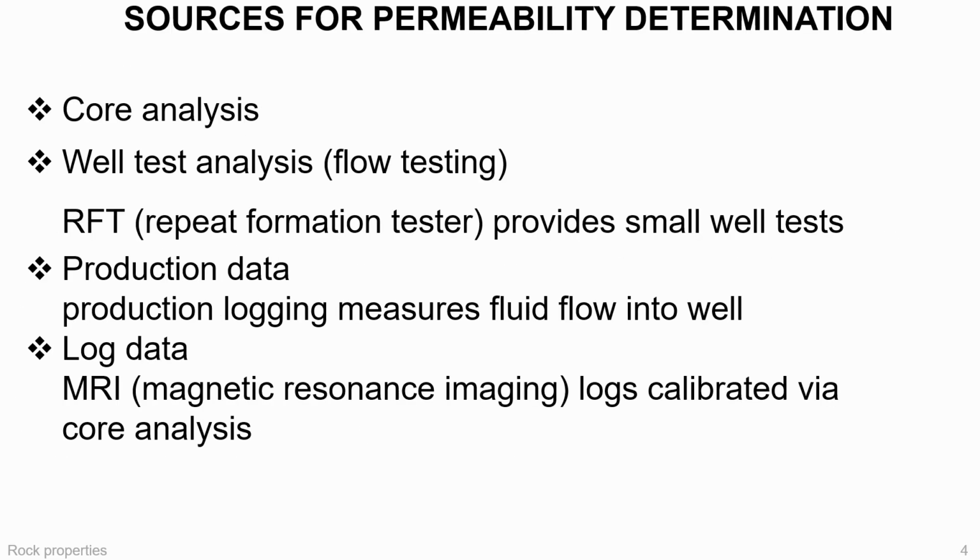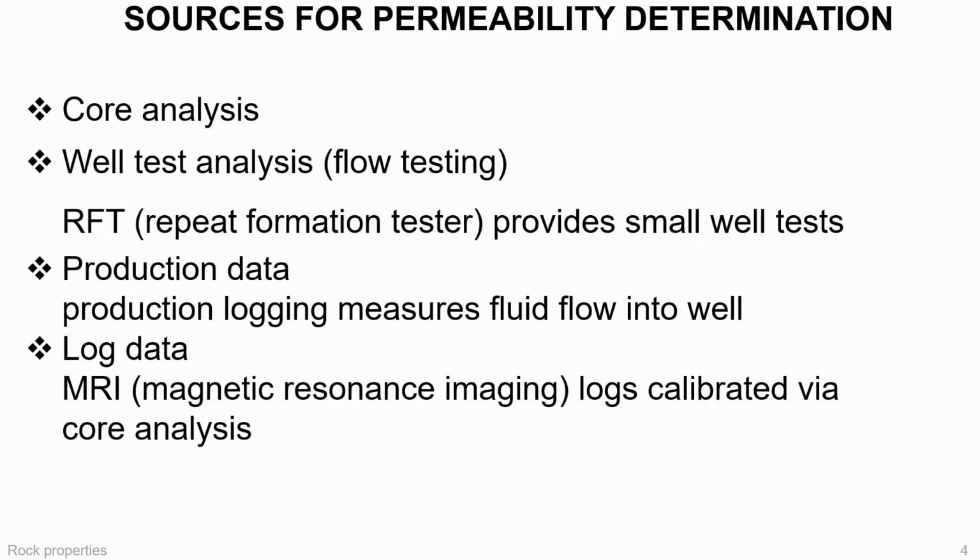Permeability can be estimated from multiple data sources: core analysis, direct lab measurement, well tests, field scale transmissibility in kh, RFT/formation tester, small scale in situ tests, production data and production logging, which infer contributions and flow profiles, and log data, including NMR-based estimates calibrated with core.